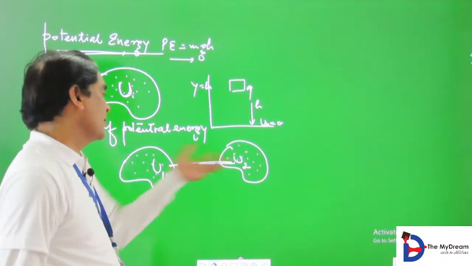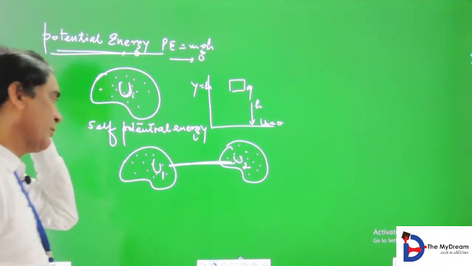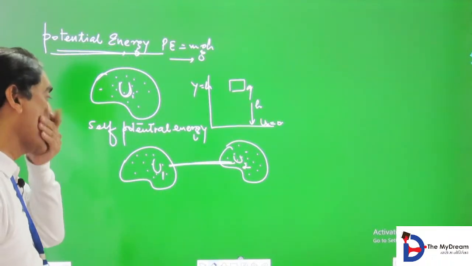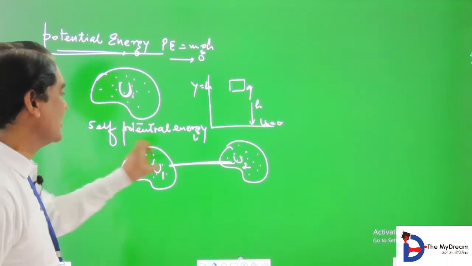If you are considering two objects of different bodies, then that is the external potential.